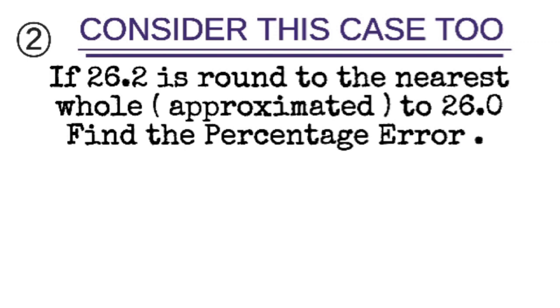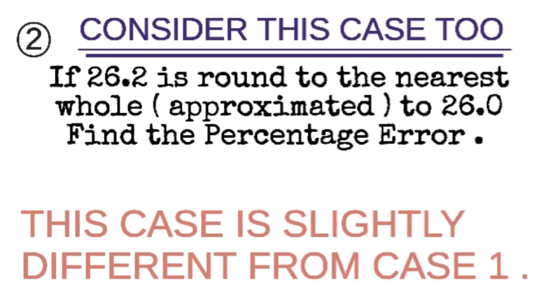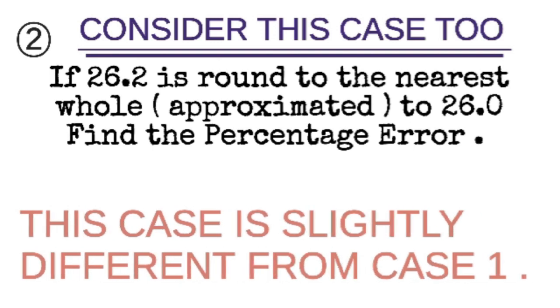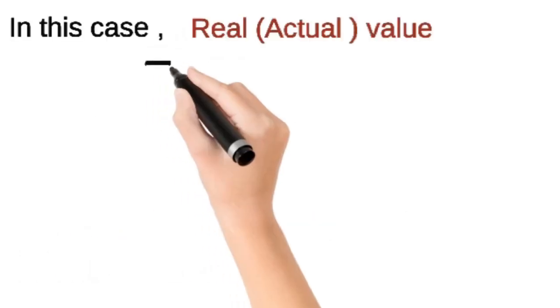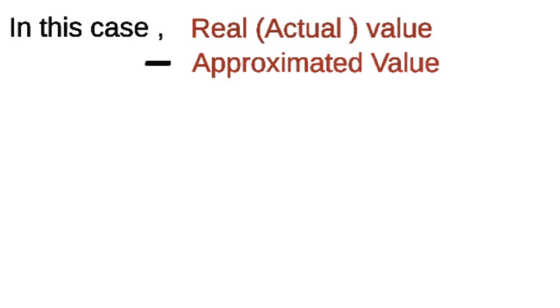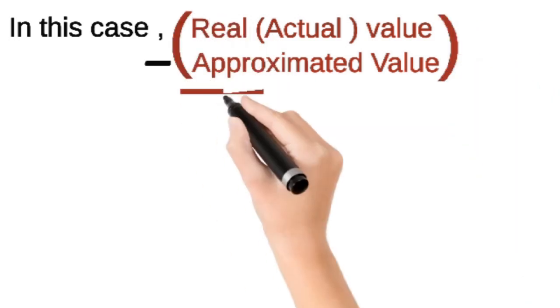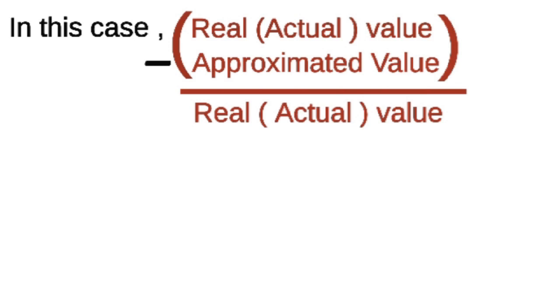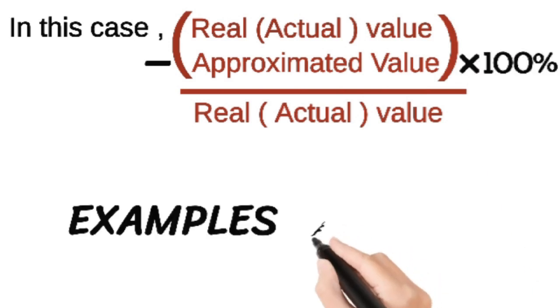In case 1, the approximated value was bigger than the real value, but here the real value is bigger than the approximated value. This case is slightly different from case 1. In this case, it is the real or actual value, the original value, minus the approximated value, all over the actual value, multiplied by 100%.